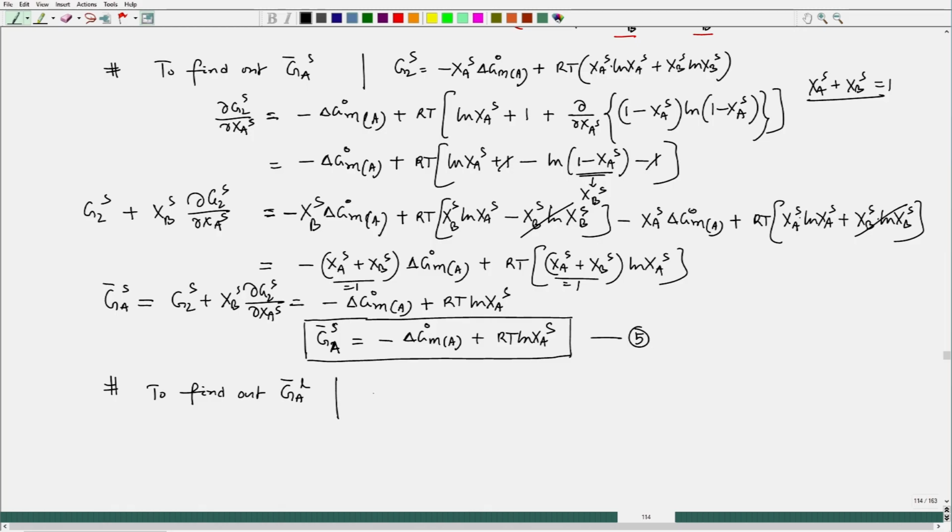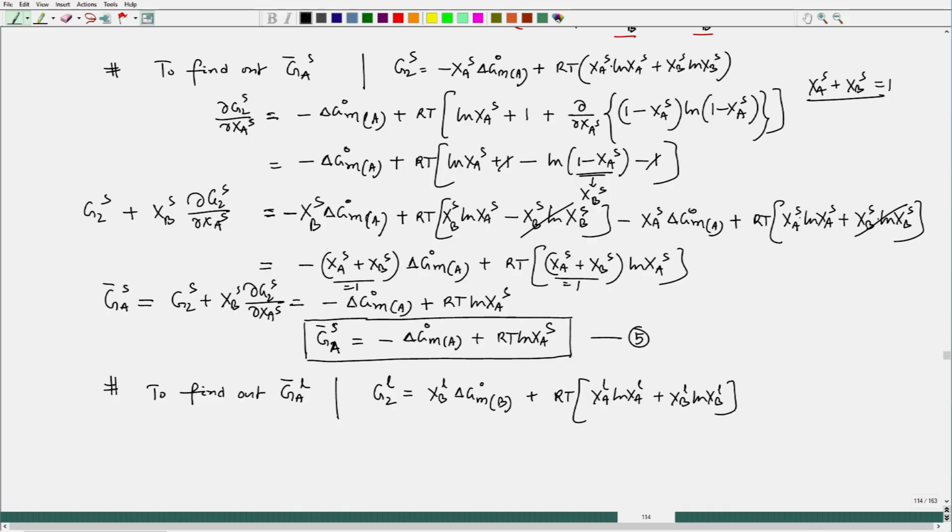So for that we will be needing the liquid solution equation, that is G2L should be equal to XBL delta G naught B, RT XA ln XA, all would be liquid, XBL ln XBL.